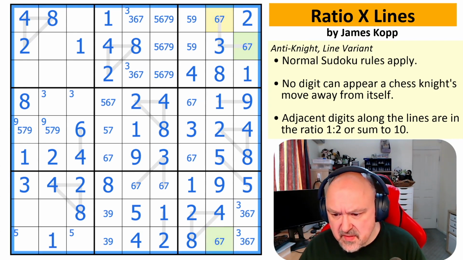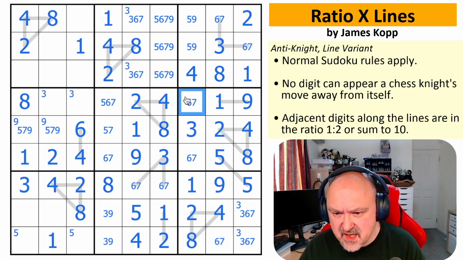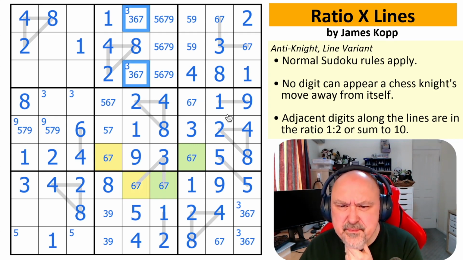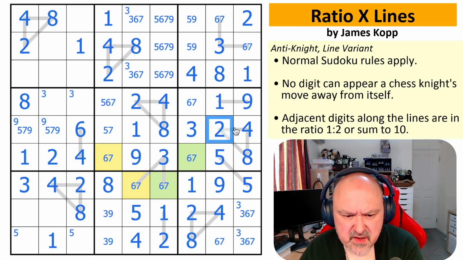So let's maybe start here. No, here. This is yellow. So this is green. This is yellow. One of these is... No, this isn't doing it, is it? I'm really running dry.